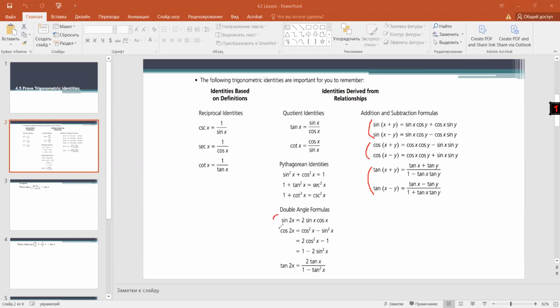You basically have 3 identities in each block, right? For addition and subtraction formula, only difference in them is the sign. Coefficient and reciprocal identities are coming from the definition of basic trigonometric function. So the thing that you have to remember is Pythagorean identities, double angle formulas, and addition and subtraction formulas.